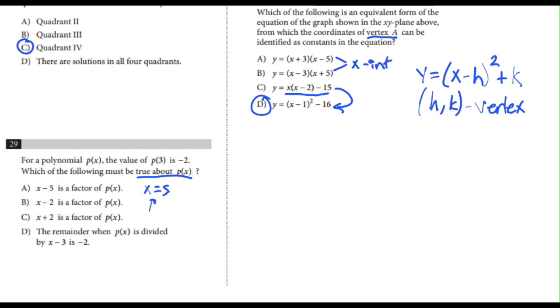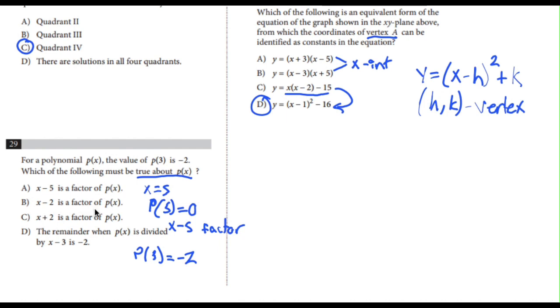P of 5 must equal 0. This would make x minus 5 a factor. But instead they tell us that p of 3 equals negative 2. Since they don't give us that p of some number equals 0, it is definitely not going to be any factors.